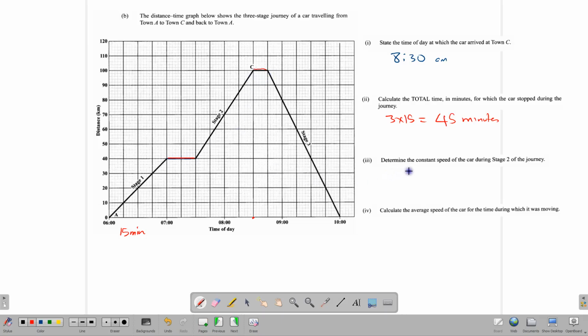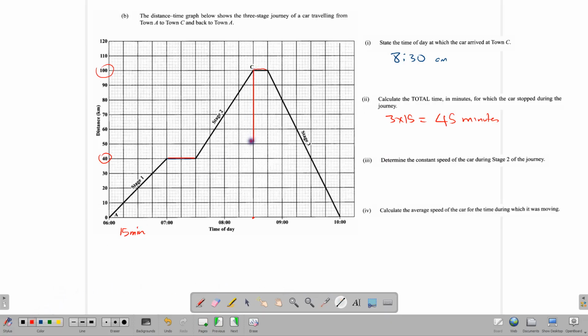Next part, we want to determine the constant speed of the car during stage 2. Now, at the start of stage 2, the car is 40 kilometers on its journey. The town is at 100 kilometers. So we can look at this in terms of drawing a triangle. Let's draw a right angle triangle so we can see it clearly.